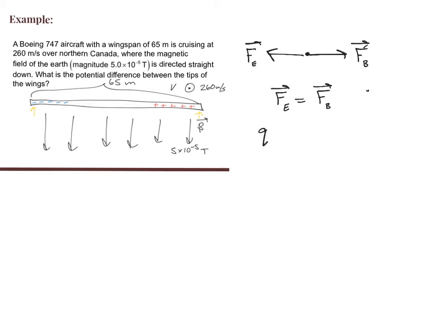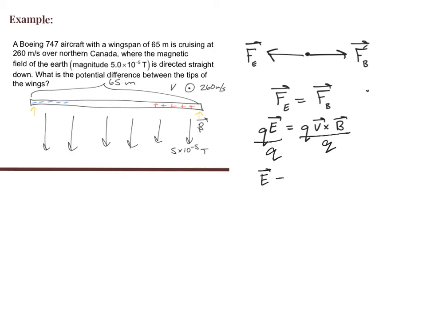Now the electric force is Q times E, the electric field, and it is equal to the magnetic force, which is Q V cross B. Now you may notice that the Q's cancel out nicely, so I'm going to take them out so I don't have to keep writing Q all of the time.